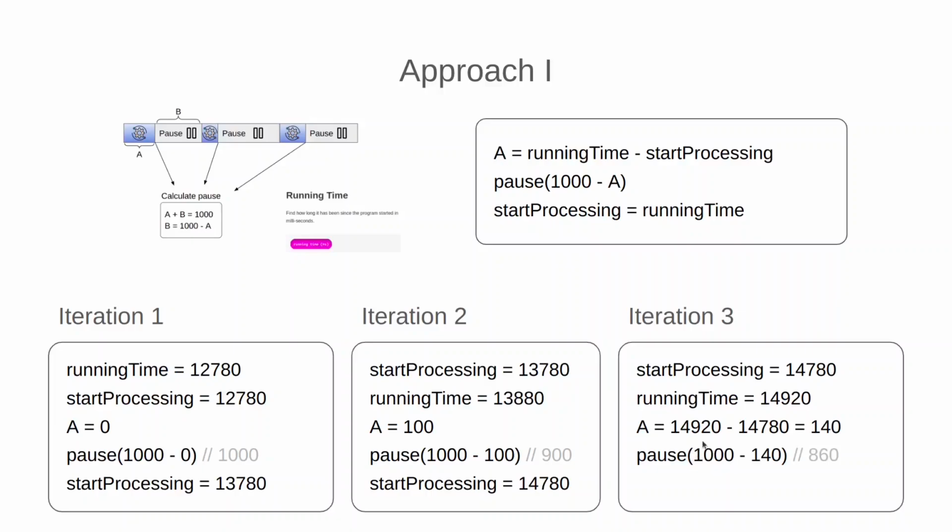If we make a pause for 1000 minus 140, we get to start processing of this much, 15,780. If you pay attention, you can see that start processing was 13,780, then 14,780, then 15,780. It should be exactly 1 second apart.